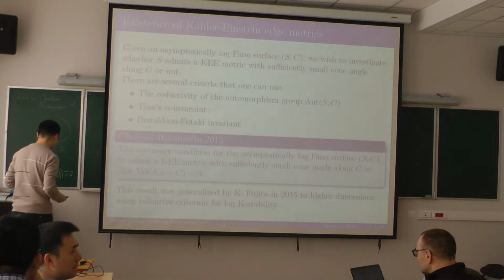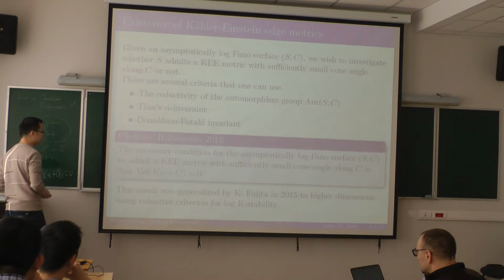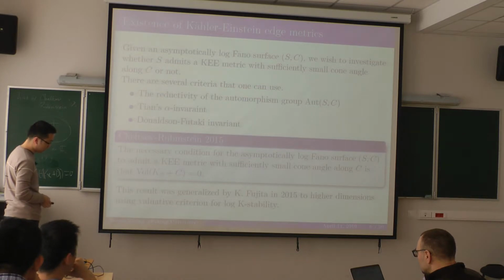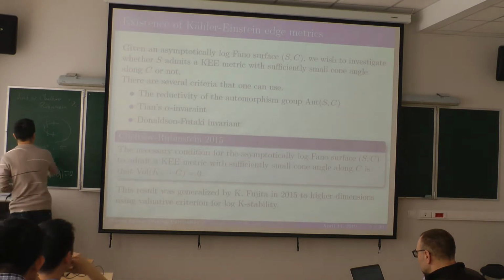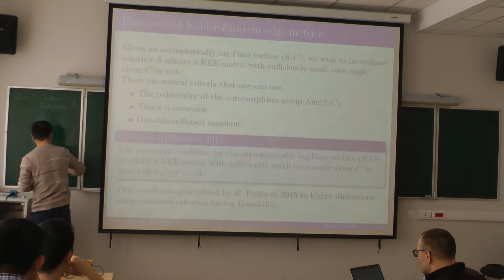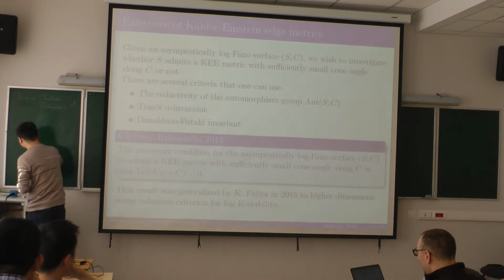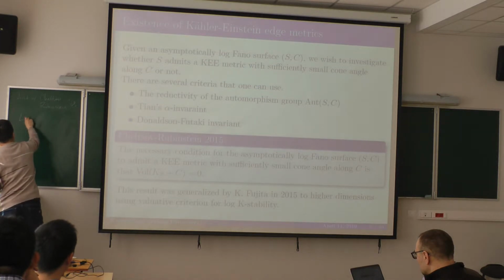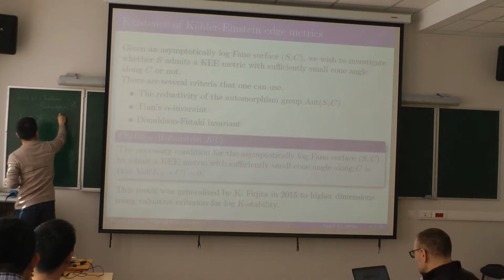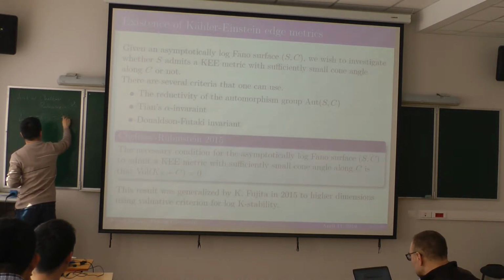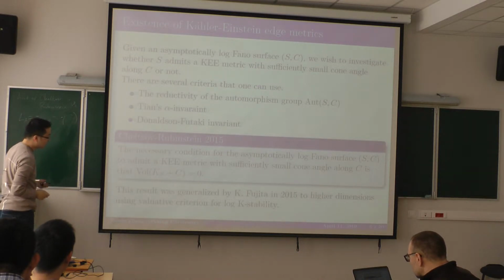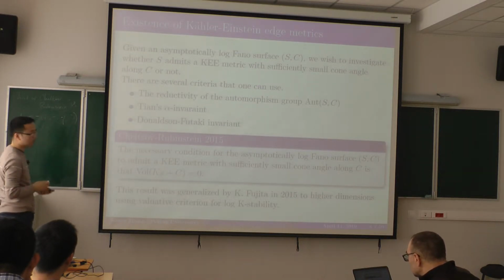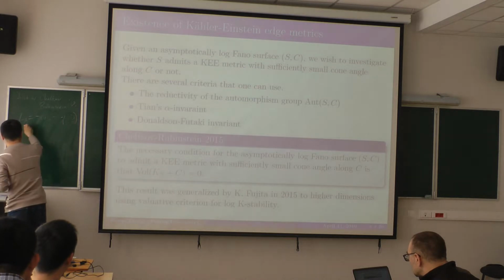Basically, the picture is like this. So I can draw. I can put L_β to be −K_X − (1 − β)D. By definition, this line bundle has to be ample, so it's in the big cone.